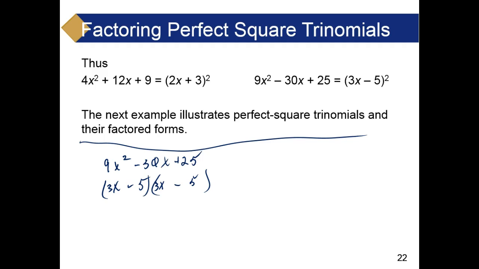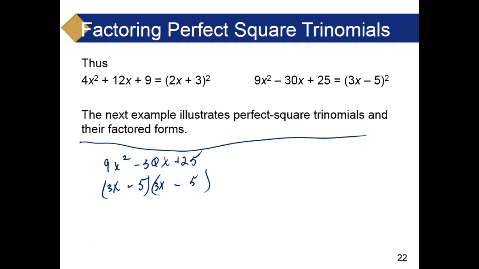Yes, that works. Or you can do it either way. So when you see that first term perfect square, last term perfect square, remember it's got to be a plus, then give it a shot. See if the perfect square trinomial will work. It may not. Let's see if it will. All right. Good deal. Nice and lazy.